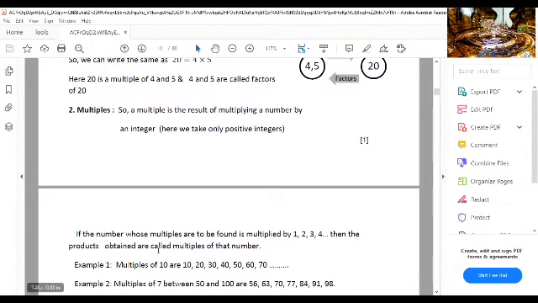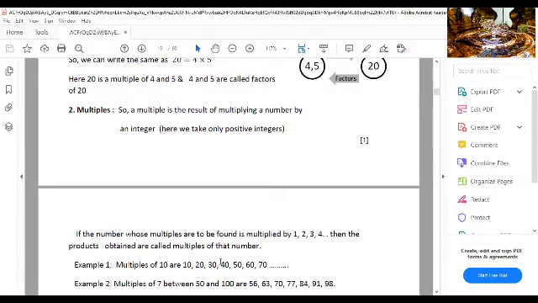If the number whose multiples are to be found is multiplied by 1, 2, 3, 4, then the products obtained are called multiples of that number. Suppose the number is 5: 5 1s are 5, 5 2s are 10, 5 3s are 15, 5 4s are 20, like this. The products obtained are called multiples of that number.